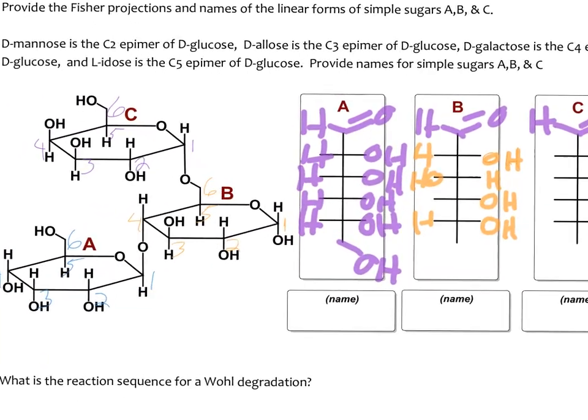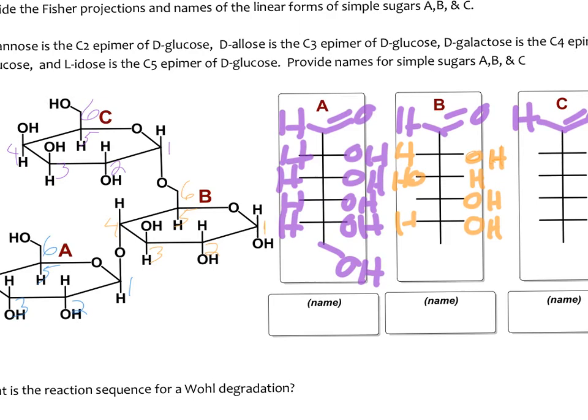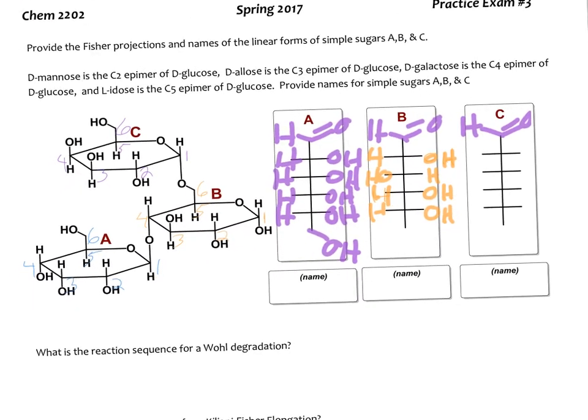So for C, oh, I missed the hydrogen here. So for C, again, C1 has that aldehyde. C2 OH is down, it's on the right. Switch colors again.